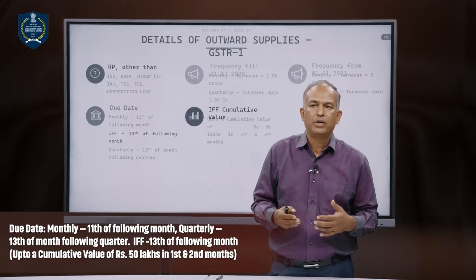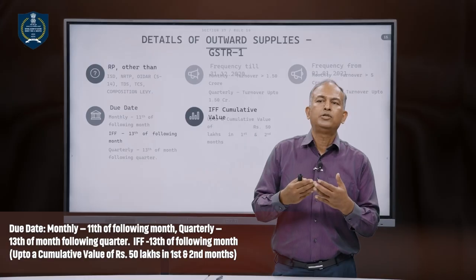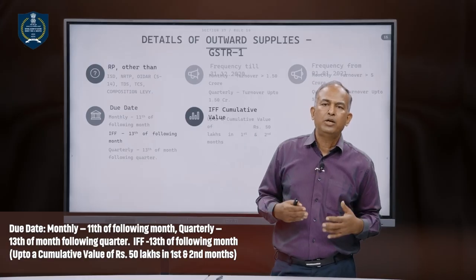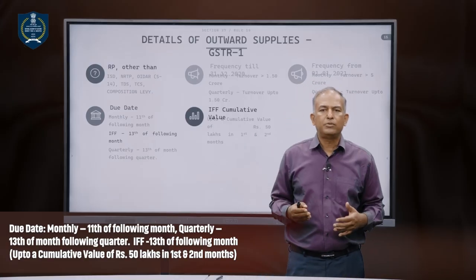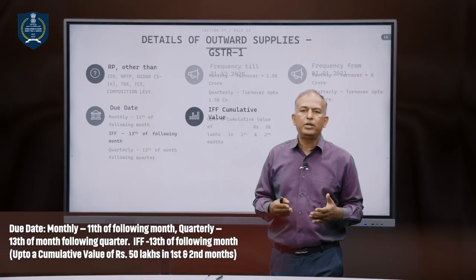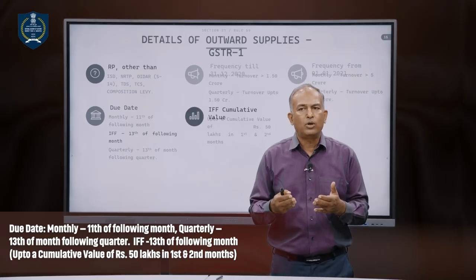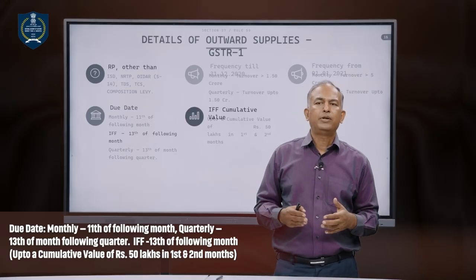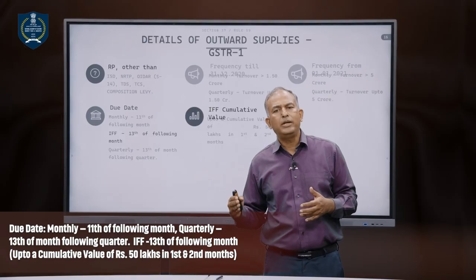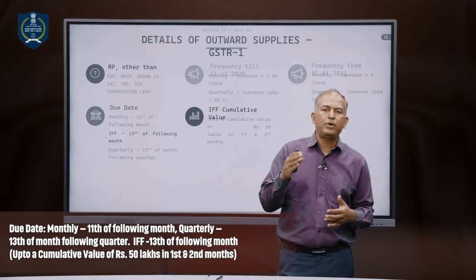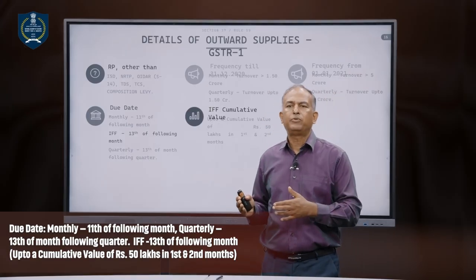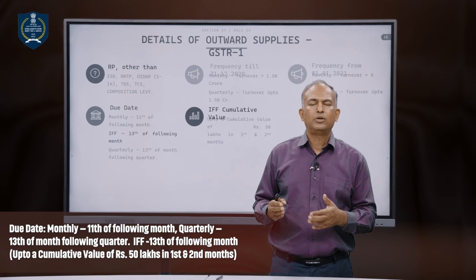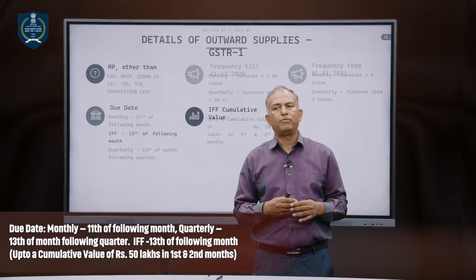There is an invoice furnishing facility for the first 2 months of the quarter. For the January month of the quarter, he needs to file his invoice furnishing facility by the 13th of February. Similarly, for February 2025, he needs to file it by March 13th, 2025.